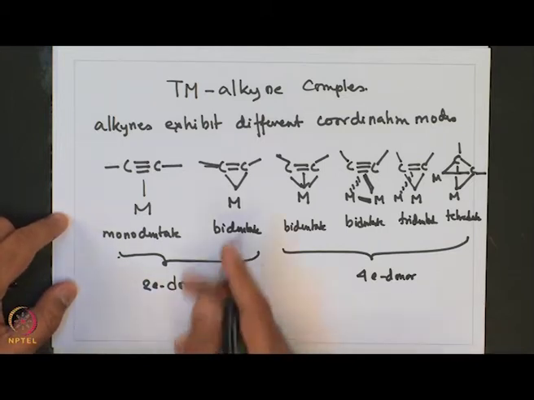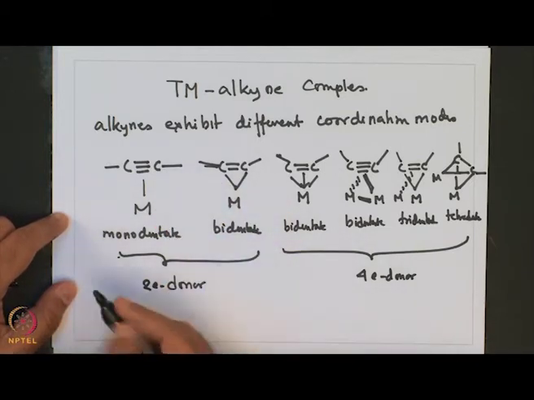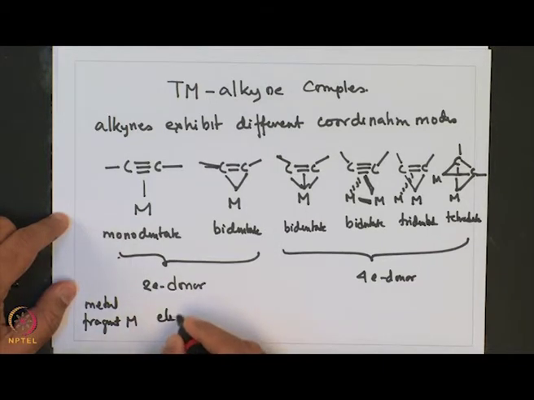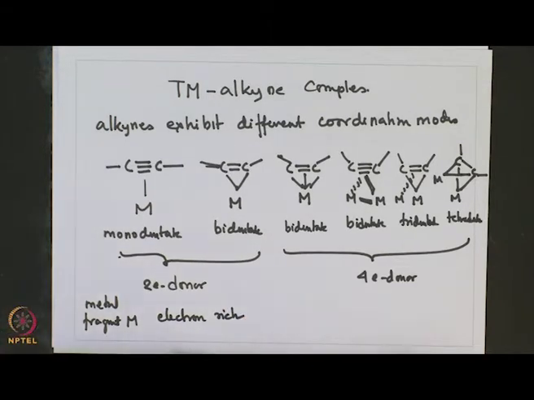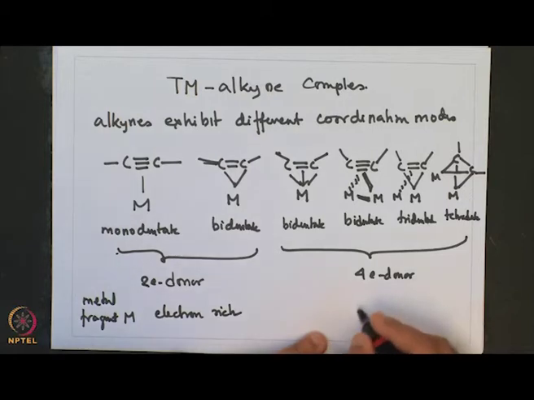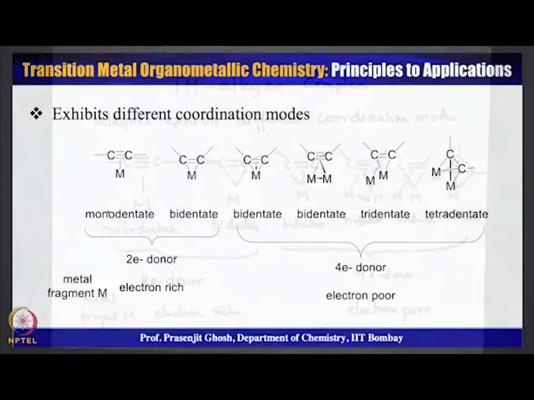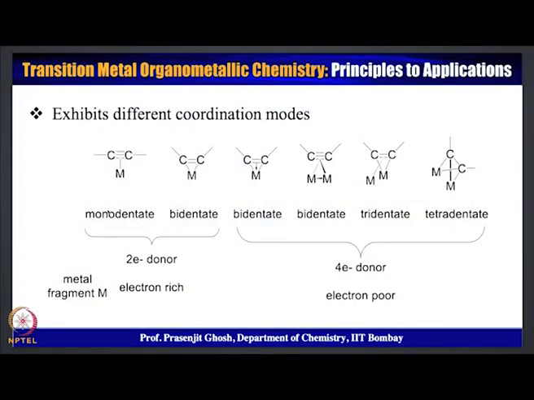and when it binds as a 2 electron donor, then the metal fragment M is electron rich, and when it binds as 4, then the metal fragment is electron poor. So, this slide gives very good insight as to the versatility of the alkyne as a ligand.